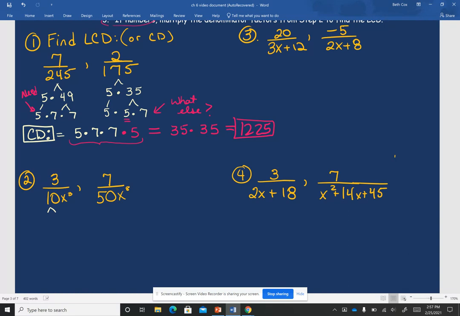Some of you know that the least common denominator for 10 and 50 would be 50, and that's what we'd want. But let's watch this. So 2 times 5, but then we have x to the third. So that's x, x, and x. And now 50, well, that's 5 times 10.